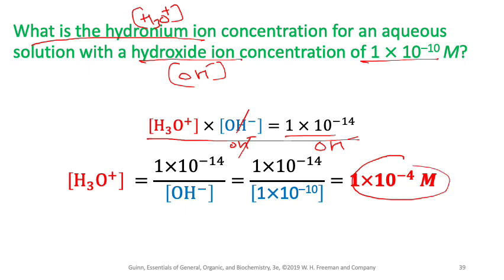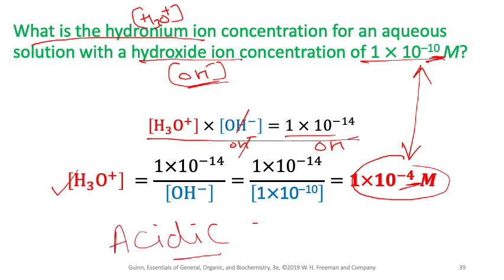Right. So is this aqueous solution acidic or basic? Let's compare the numbers again for both of them. Hydroxide ion has 1 × 10⁻¹⁰. Hydronium is 1 × 10⁻⁴. So again, for this particular aqueous solution, hydronium ion concentration is higher. So this solution is again an acidic solution.